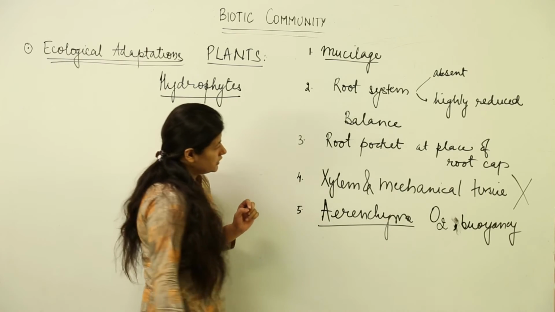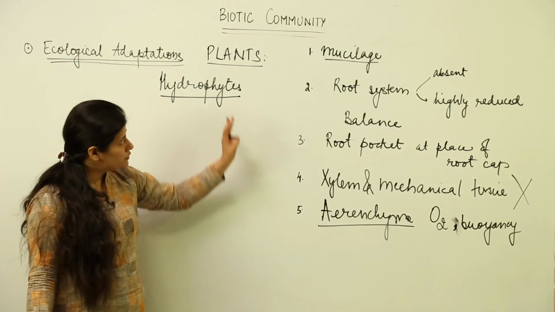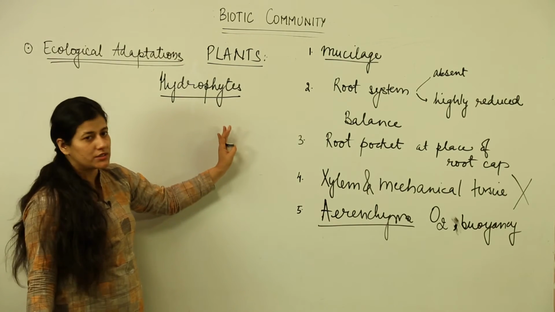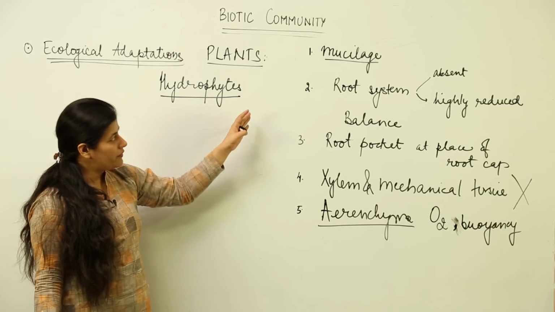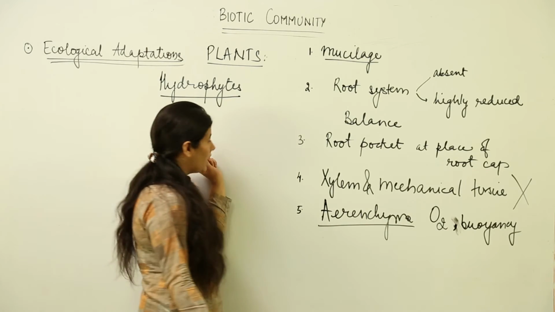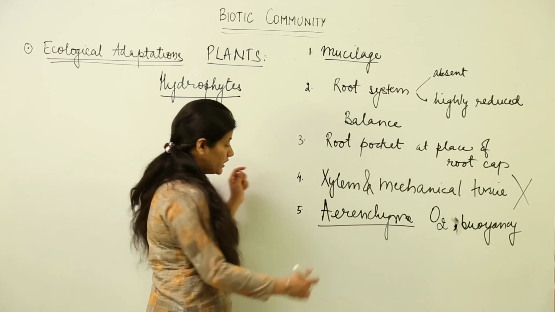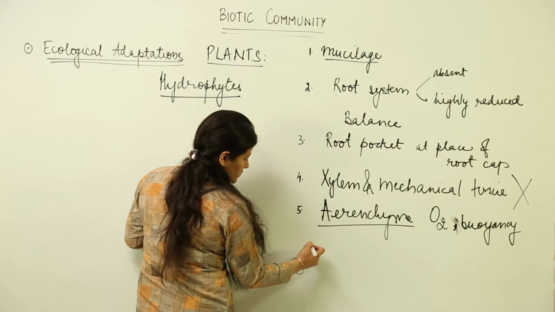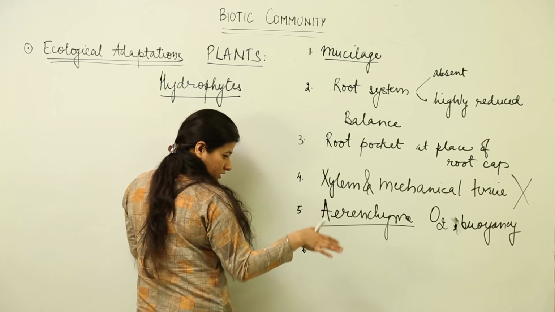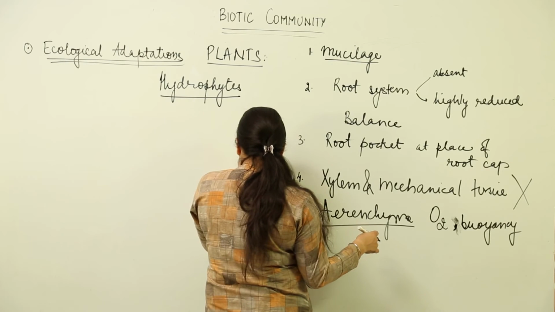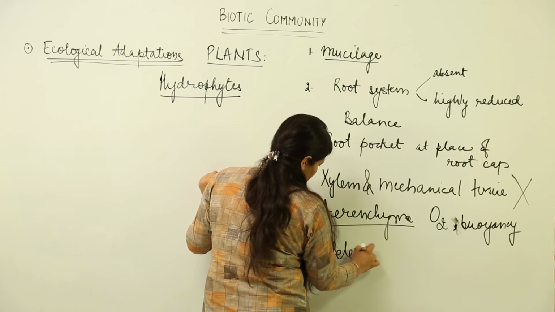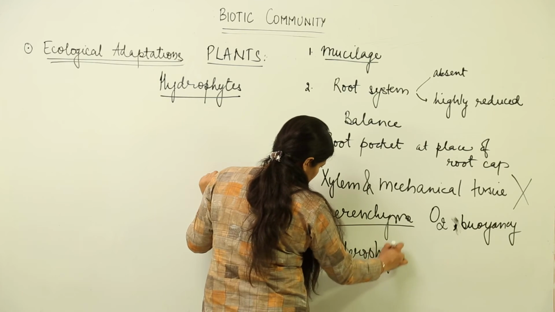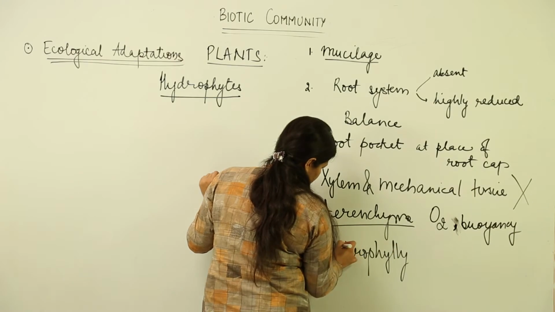And these are the various adaptations which the plant shows in terms of the aquatic environment. Last one is that in the case of free floating plants, supposedly their leaves are submerged and they are having certain leaves which are free floating. So we might find the condition known as heterophylly.